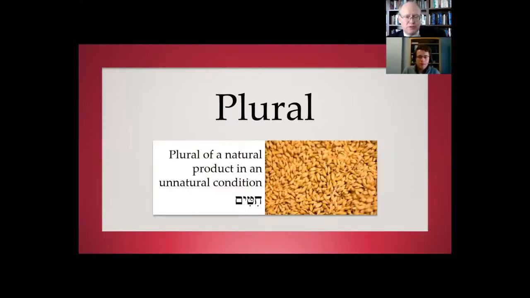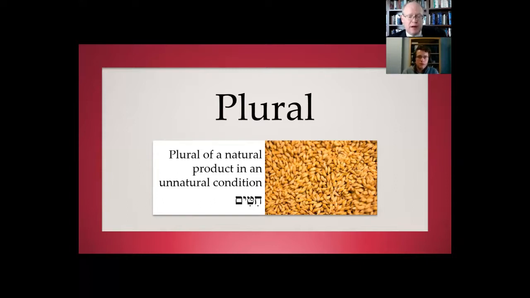An additional use of the plural that Williams indicates is what he calls a plural of a natural product in an unnatural condition. Wow, what a long title. Probably much better to think of this as some kind of plural of product or plural of artificiality. Other grammars call it this. I like the word product.